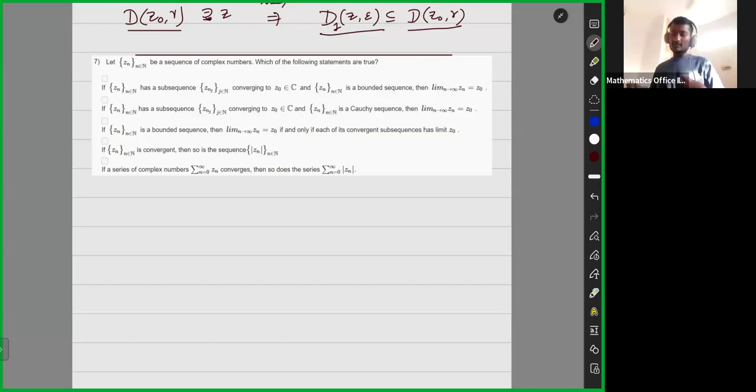Zn is a sequence of complex numbers, and a subsequence is converging to Z naught. And we are extra saying that Zn is bounded also. Then Zn is convergent to Z naught. Is this true or not? You can reply by comments also.